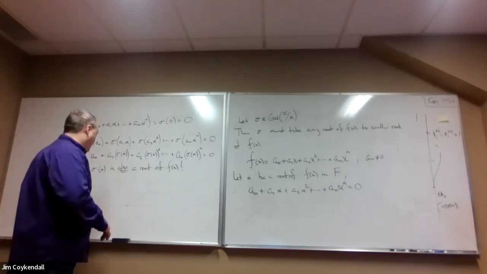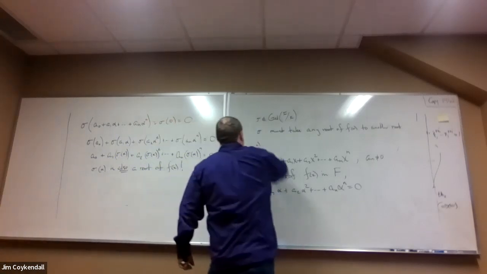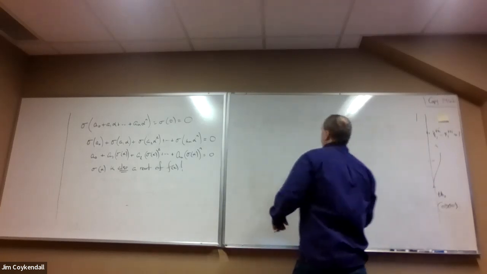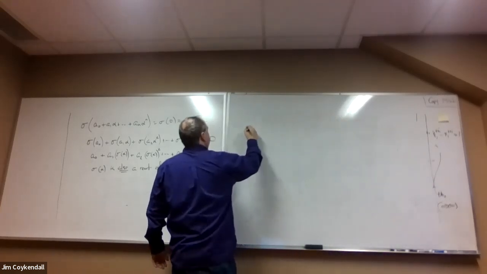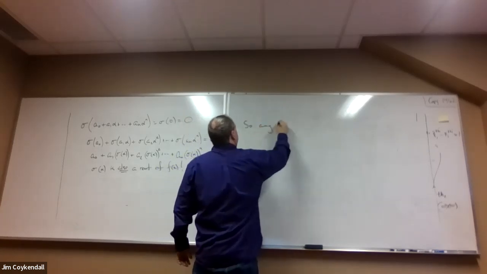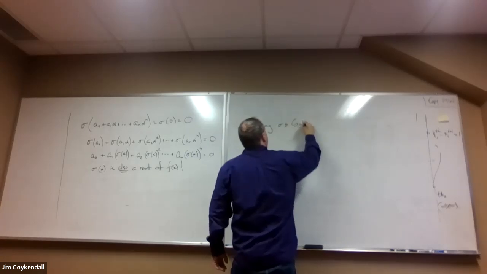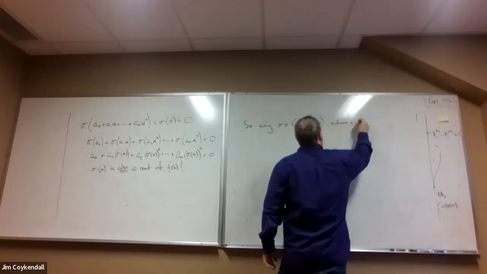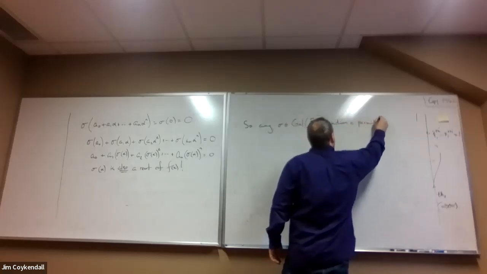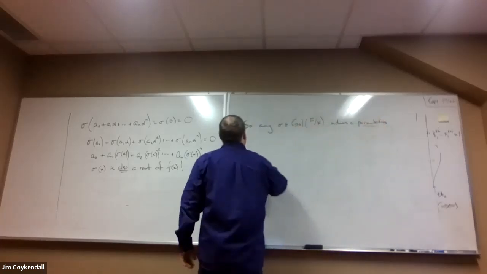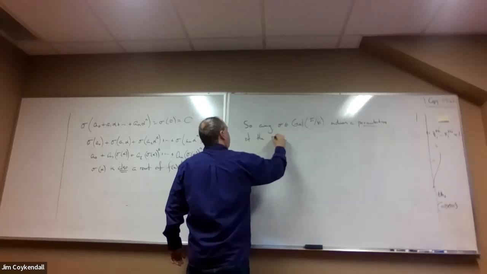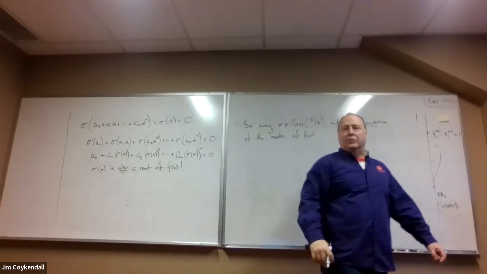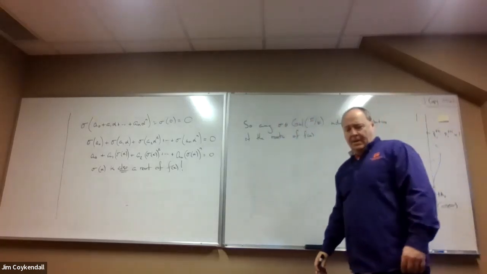So, an important observation: any sigma in the Galois group of F over K induces a permutation of the roots of F of X, where F of X is again irreducible over K. Questions on that?